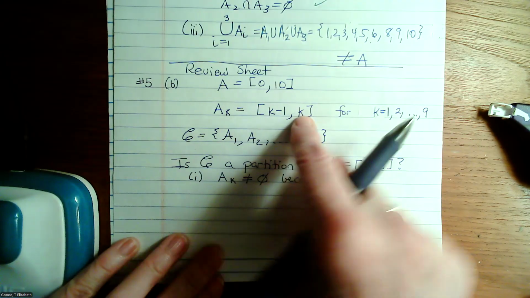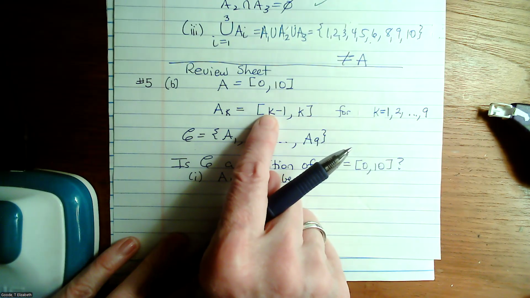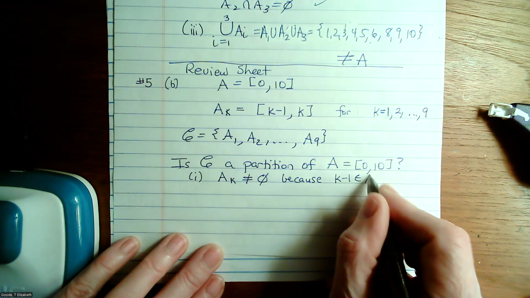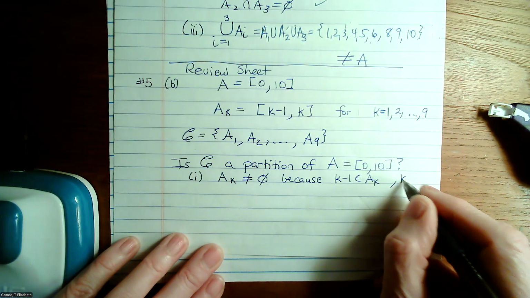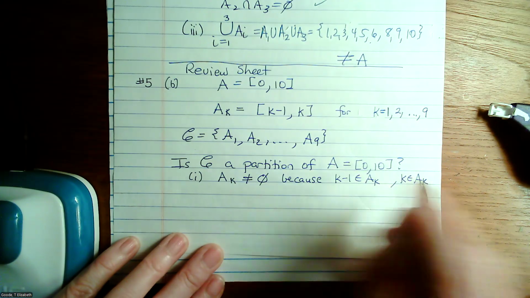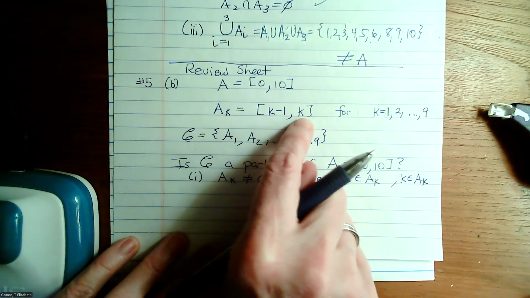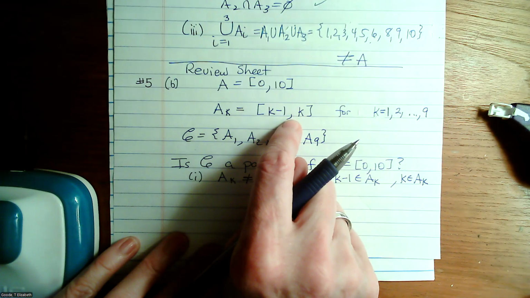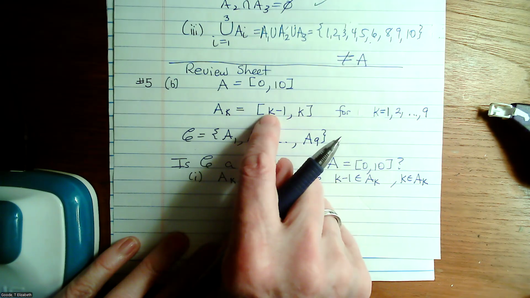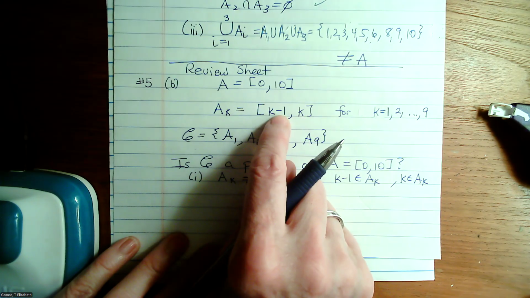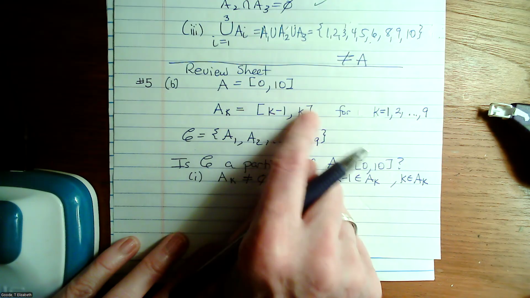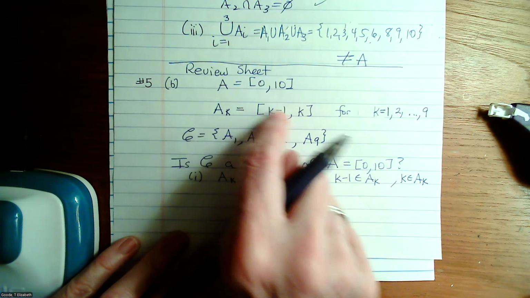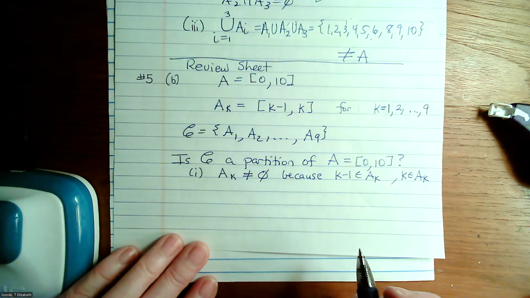It's got the integer k in it, and it's also got the integer k minus 1 in it. So k minus 1 is an element of A sub k, and also k is an element of A sub k. And if you wanted to split hairs, the number between k minus 1 and k, like k minus 1.5, is in there too. The average of these two numbers is in the middle there. None of them are empty. Do you understand that? Yes.